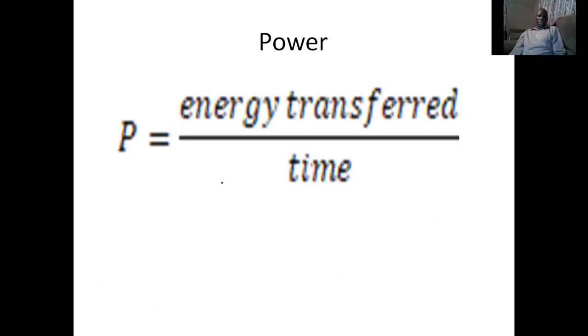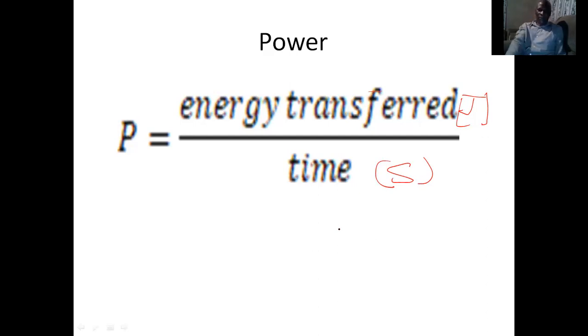And so again, we said power is equal to energy transferred over time. And we note that this energy which is transferred should be in joules, and the time should be in seconds.